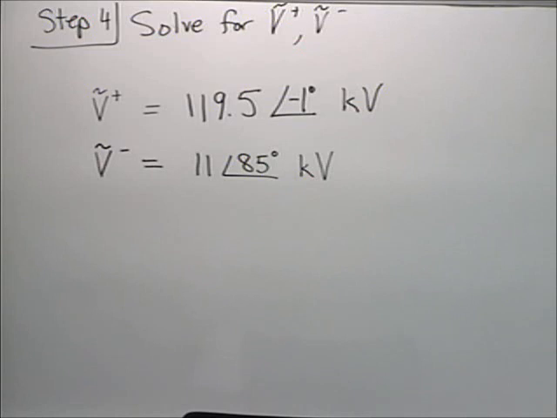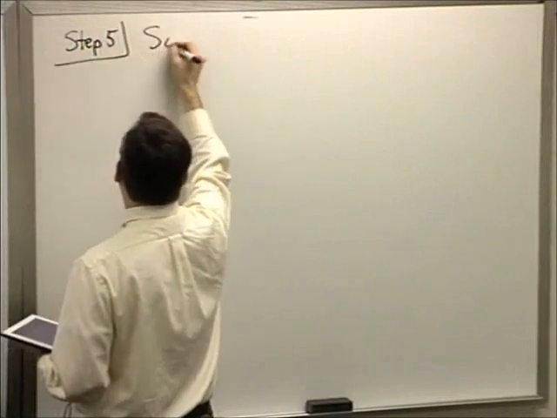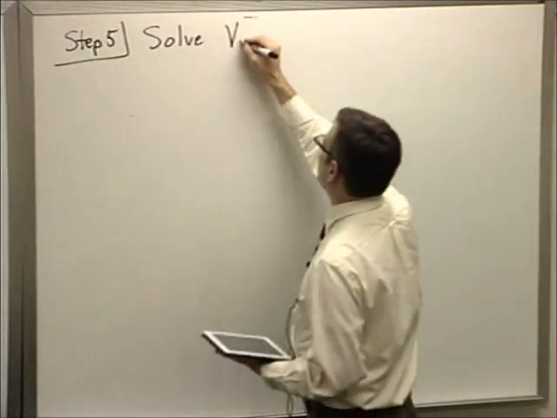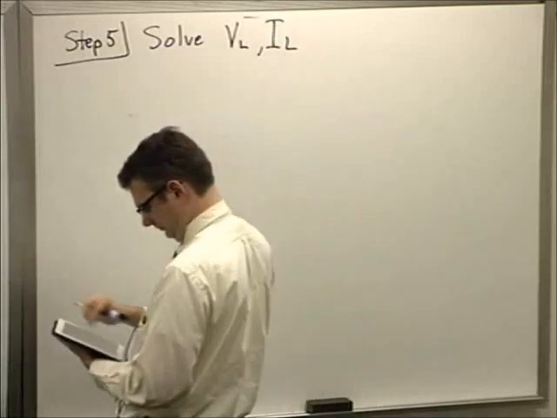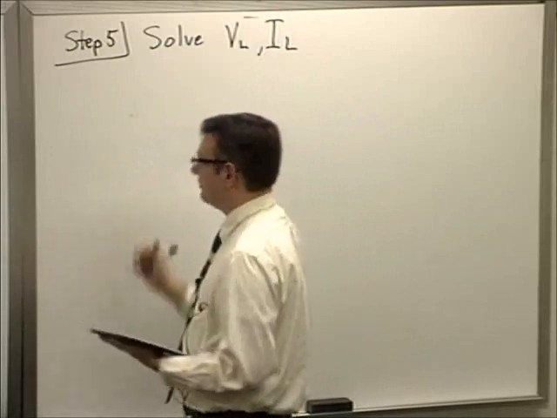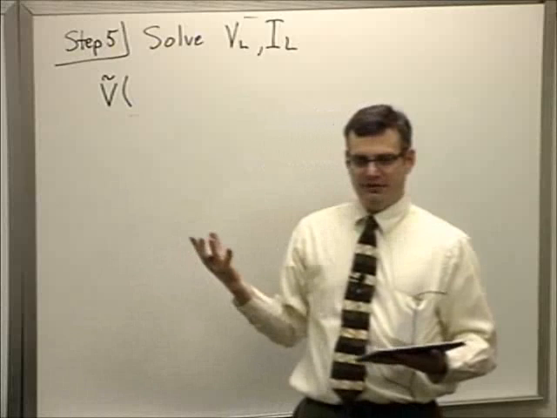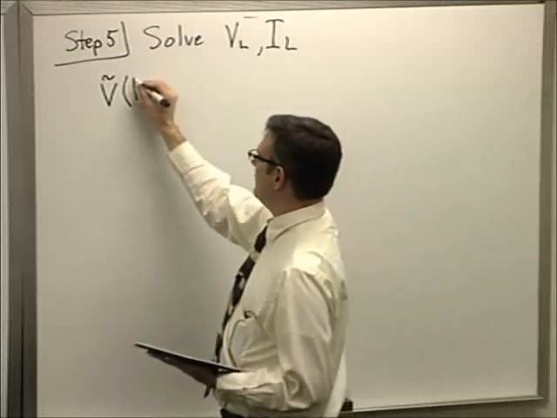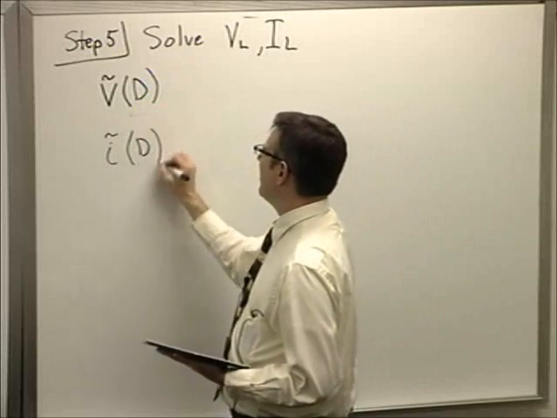Step 5. Solve for your load side voltage and current. Well, that's easy enough to do, because all you have to do now that we know our V plus and our V minus is just evaluate your voltage and your current at the end of the line.